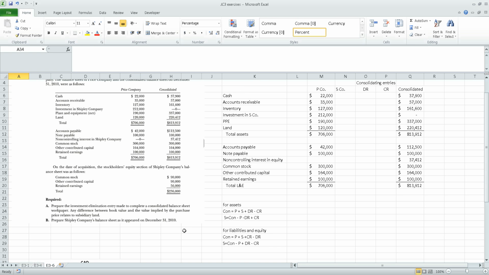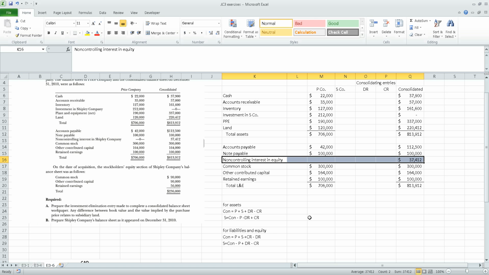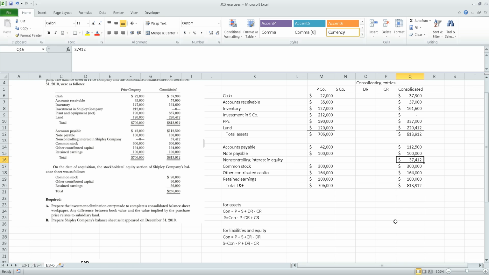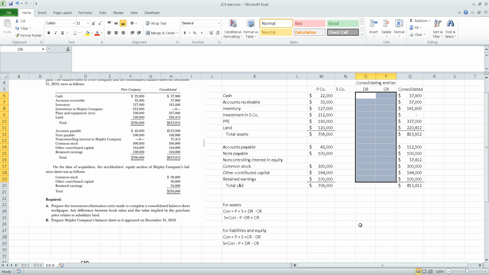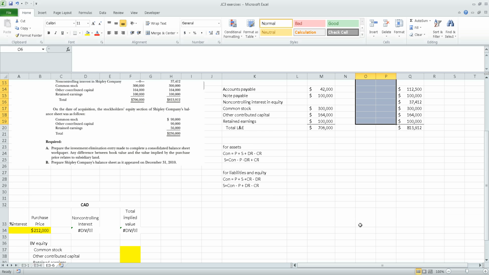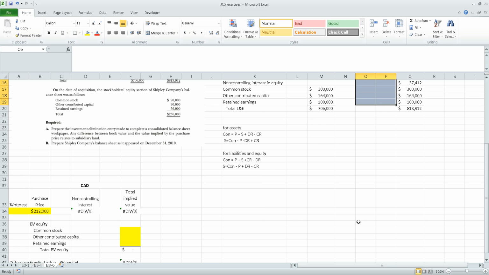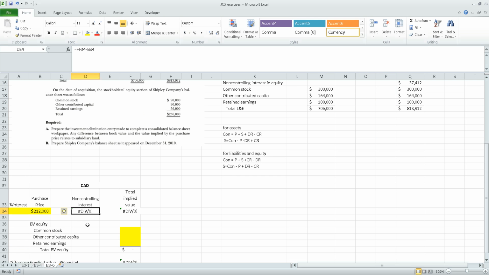But we do know that the consolidated balance sheet here has non-controlling interest in equity of $37,412. That $37,412 was part of the consolidated entry that was made here. And if you'll think back to when you're developing that consolidated entry, that number comes from here.